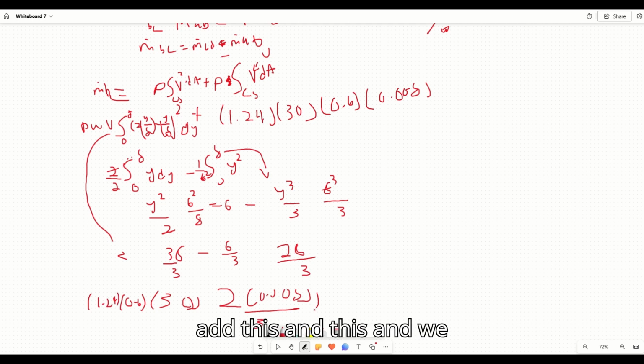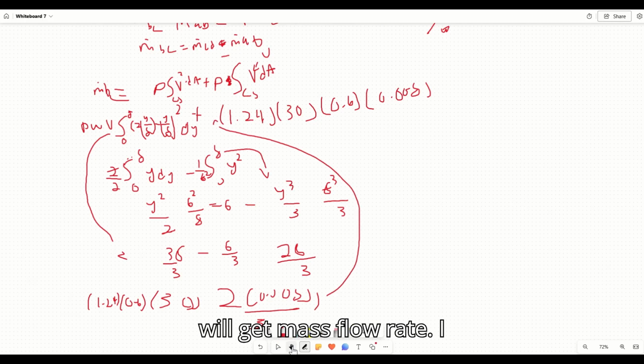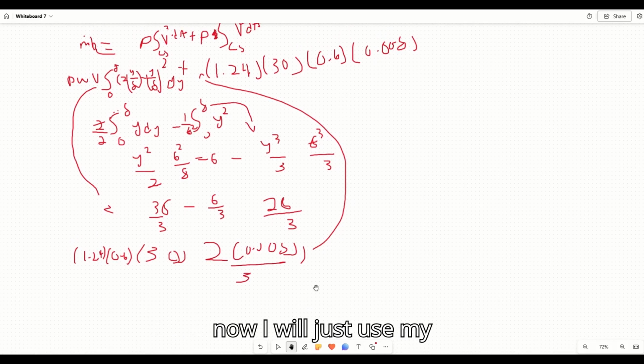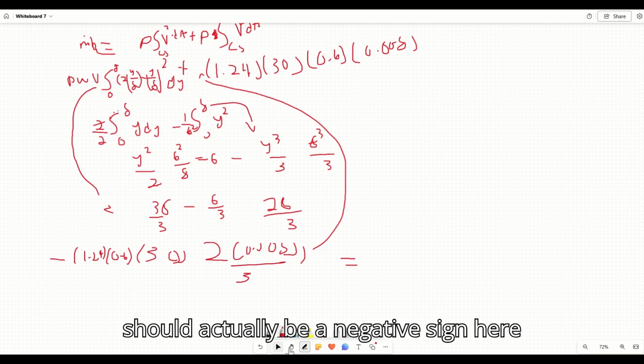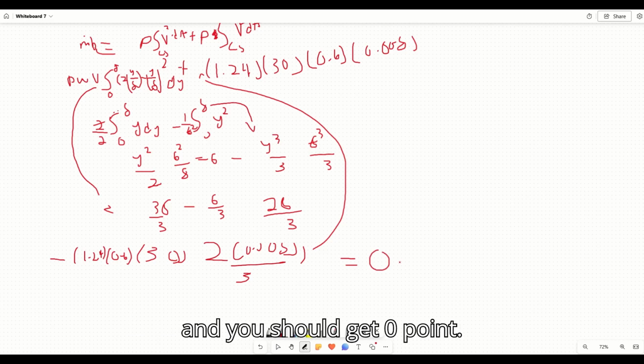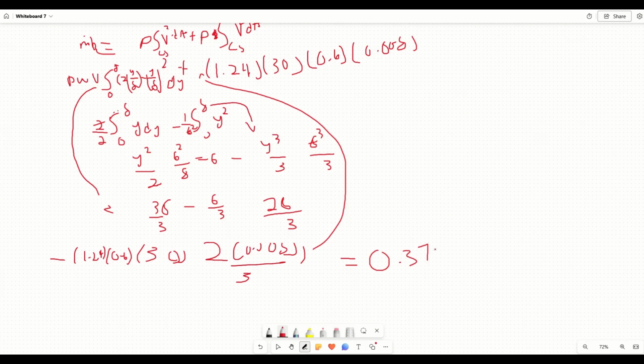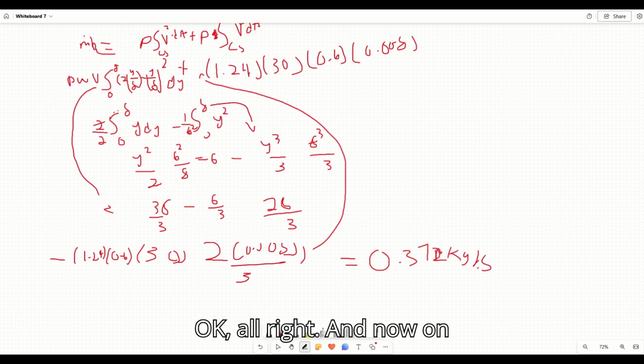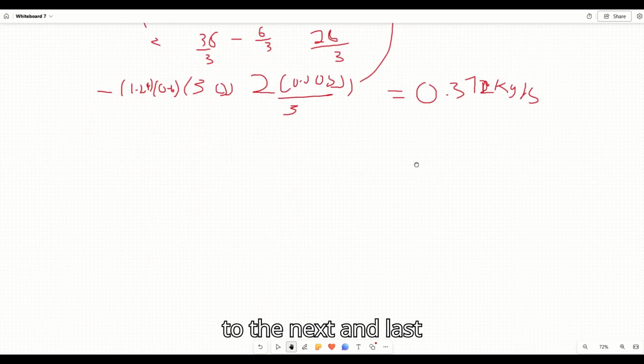So now we need to add this, and we will get mass flow rate. I will do that calculation right now, or I will just use my calculator. Should actually be a negative sign here, and you should get 0.3 kilograms per second as your answer. Okay? Alright, and now on to the next one.